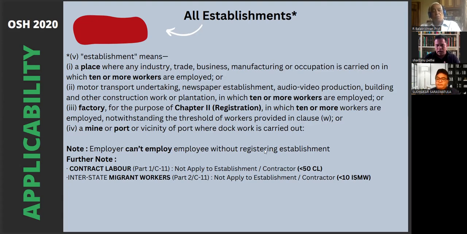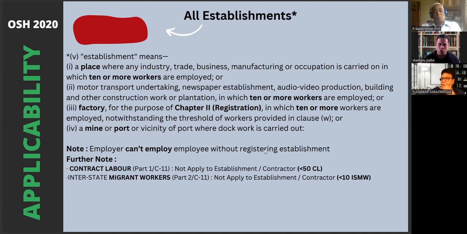Now, there are a few more things like contract labor. There is Part 1 of Chapter 11, which deals with contract labor. The whole part deals with contract labor, and it will not apply to an establishment or contractor having less than 50 contract labor. So it talks basically about the licensing requirement.